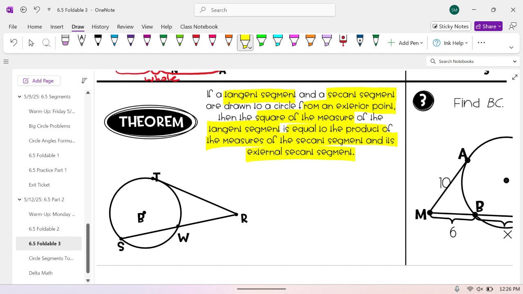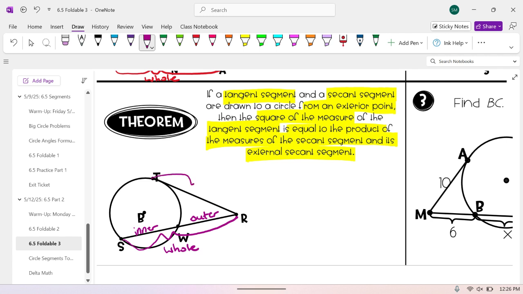is that just like with the secant segment, if we label this the inner, this the outer, and this is the whole. Well, the tangent segment doesn't have an inner. It's all an outer and a whole.